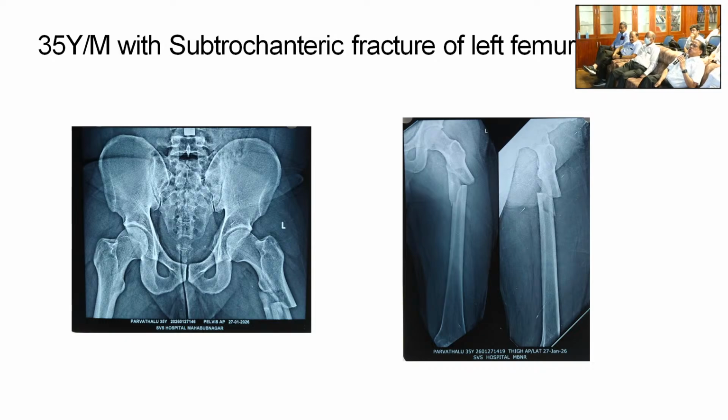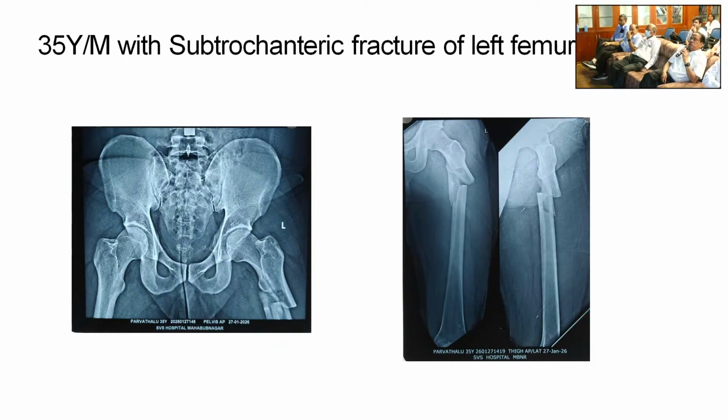So tell me two factors based on which you decide the entry point. Give me the pointers. What are the two factors? Because there is no point in doing 100 nailings without knowing the basic principles. What are the factors by which you will decide the entry point? Two factors.